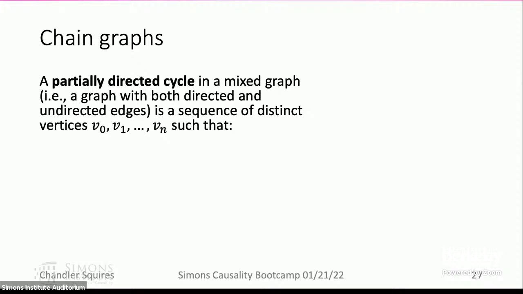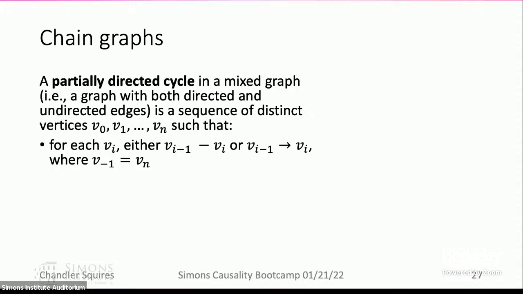We're going to extend the notion of a cycle from a completely directed graph, so a DAG, into these mixed graphs. We're going to call a sequence of edges a partially directed cycle if it looks like it could be a cycle with undirected edges, but since we have directed edges, two things have to happen.